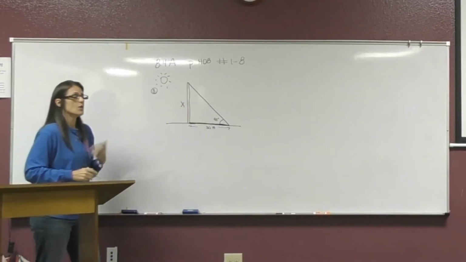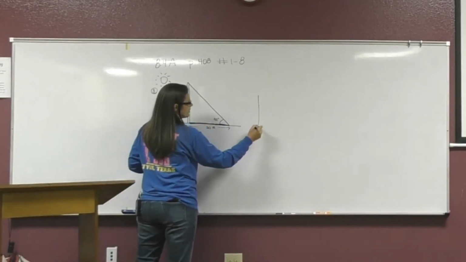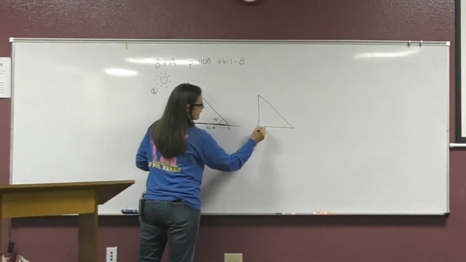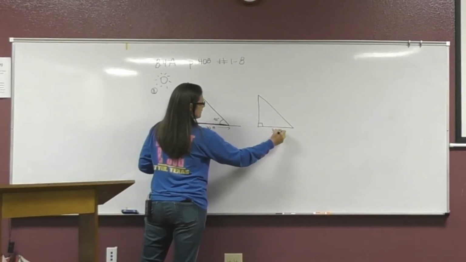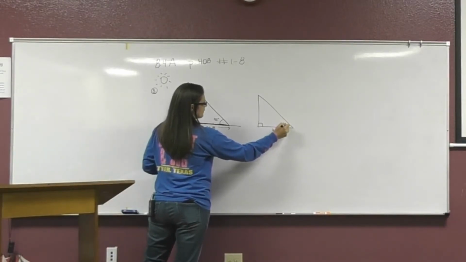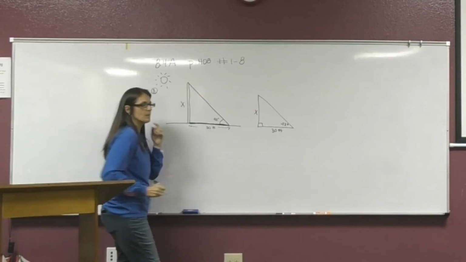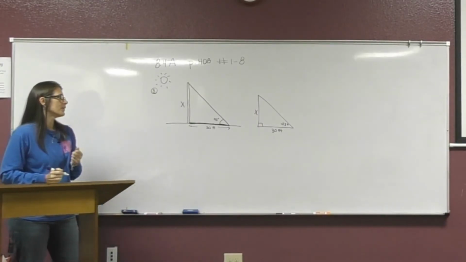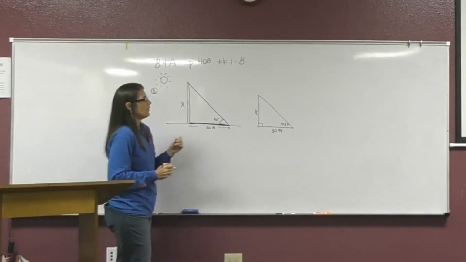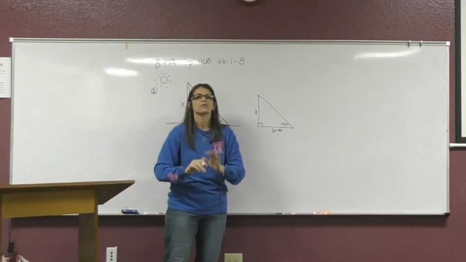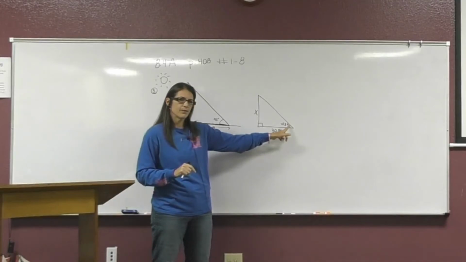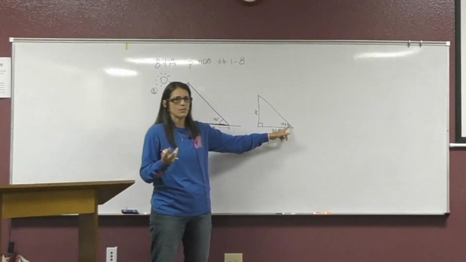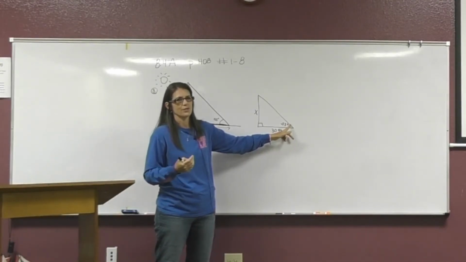Okay, so we can extract this right triangle. This would be 30 feet, this would be 53 degrees, and that's what I would be looking for. So if we were to solve this problem, I would find my reference angle and see what parts I have in relation to this angle.